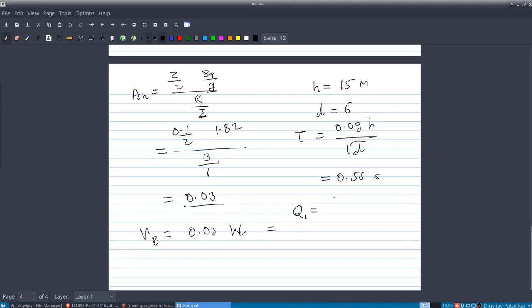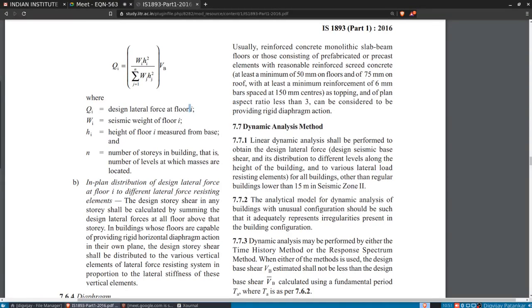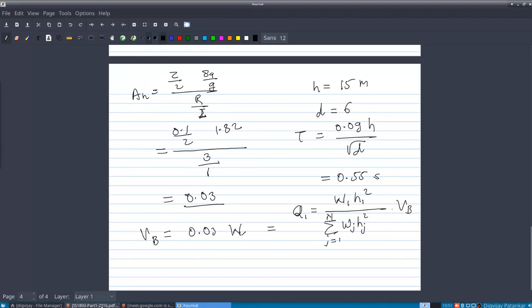And how that Q1, Q2 up to Q5 is obtained is here. Q1 is equal to W1 H1 square over summation j equal to 1 to n Wj hj square into Vb. Let me check if I have written it correctly. Yeah, summation j.